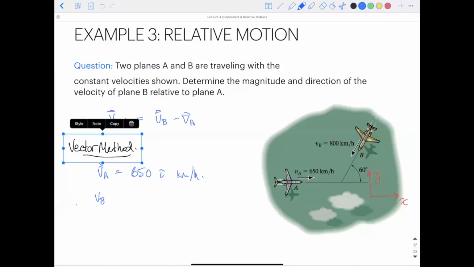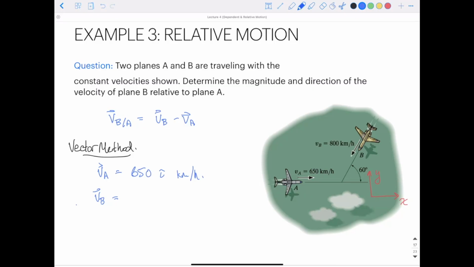The velocity of B would be equal to what? What is the absolute velocity? Negative 400 i and then negative 693 j.